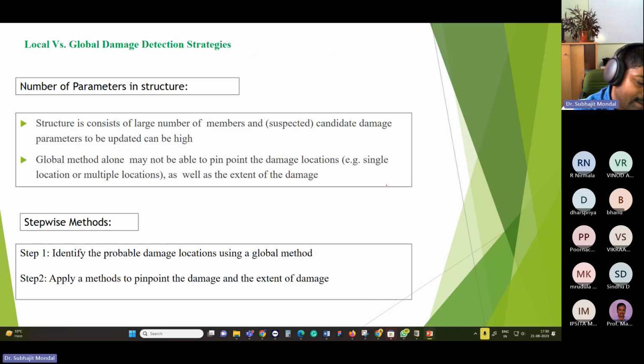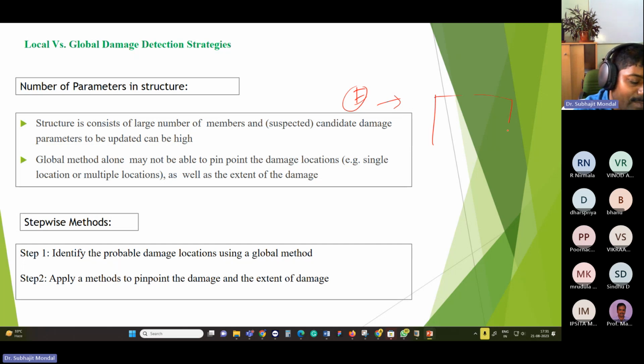Again, our algorithm depends on how many parameters you are choosing. If you have a large number of parameters, you will observe that no algorithm will give you suitable or acceptable results. The first step is to reduce the parameters.